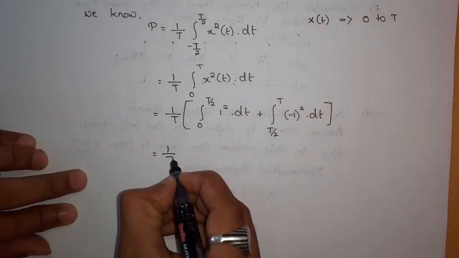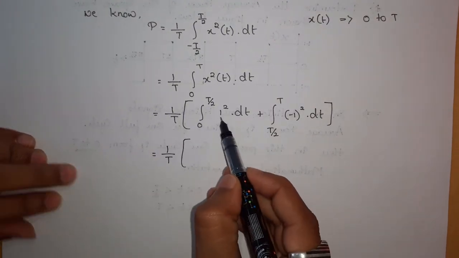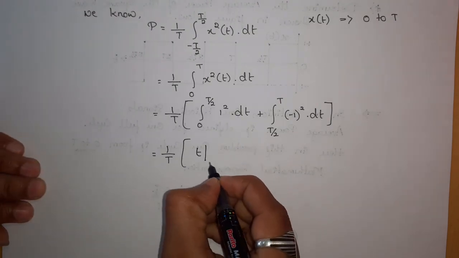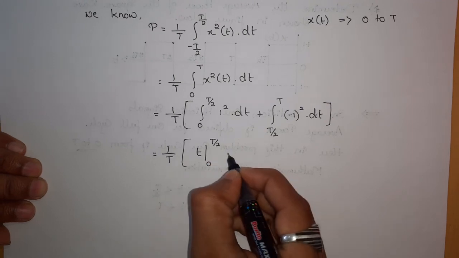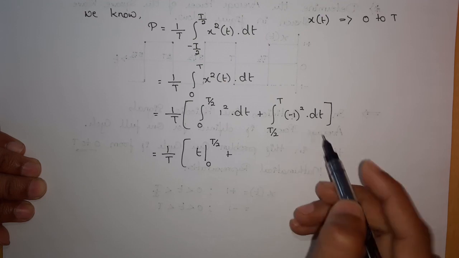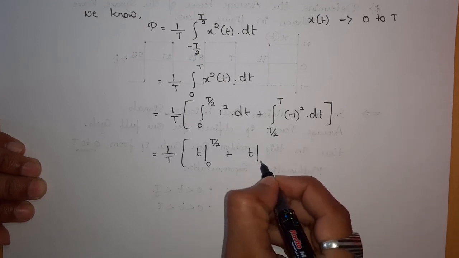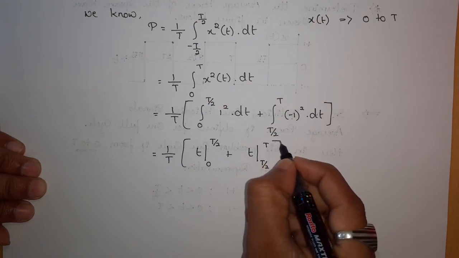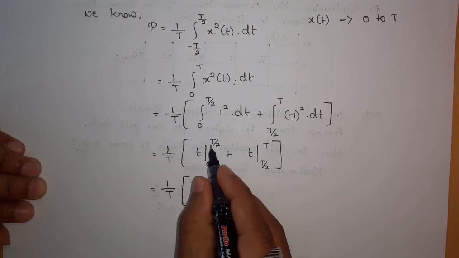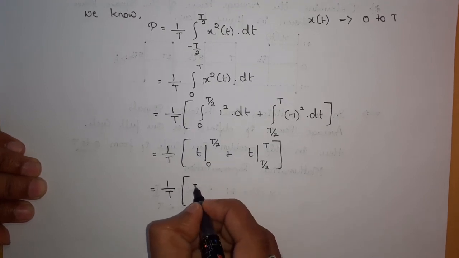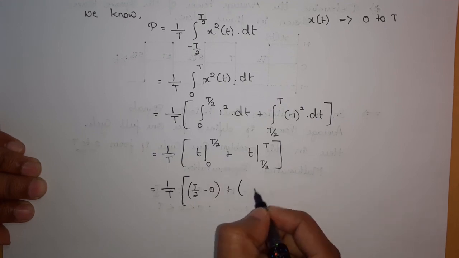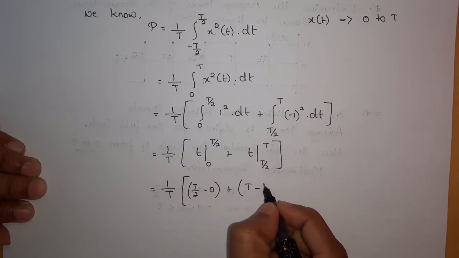On solving, 1 divided by T, 1 square is 1, integration of 1 with respect to t is t with limit 0 to T by 2, plus minus 1 square is plus 1, integration of 1 with respect to dt is again t for the limit T by 2 to capital T. Therefore 1 by T, applying the limits, T by 2 minus 0, plus capital T minus T by 2.